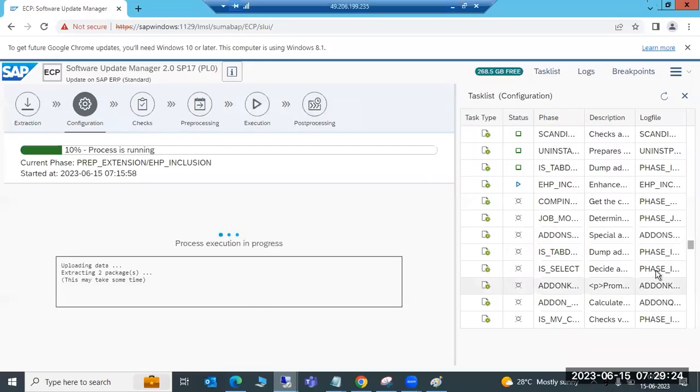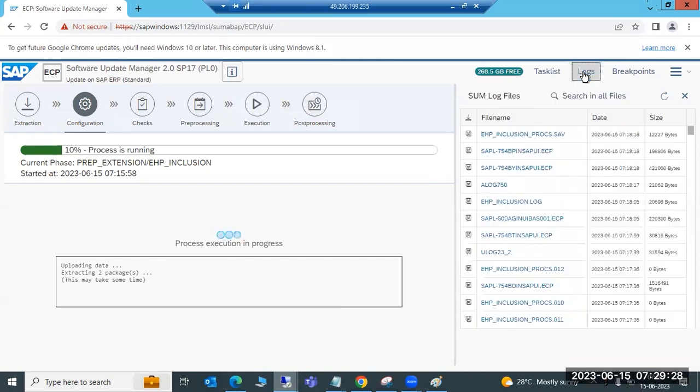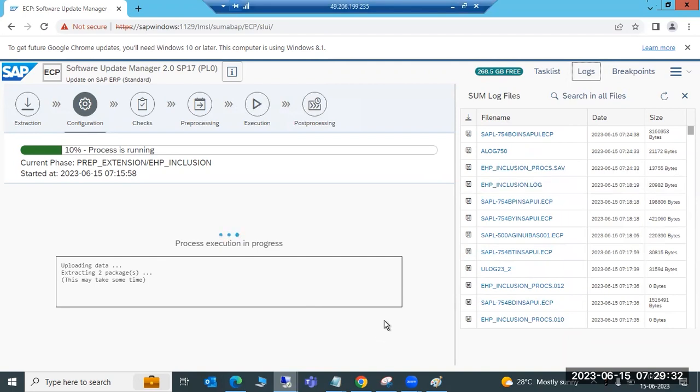While the upgrade is running, can we check the logs in the SUM tool? No, it's not there. Where can I check? The console shows some upgrade-level information, but for the logs you have to go to the operating system level.